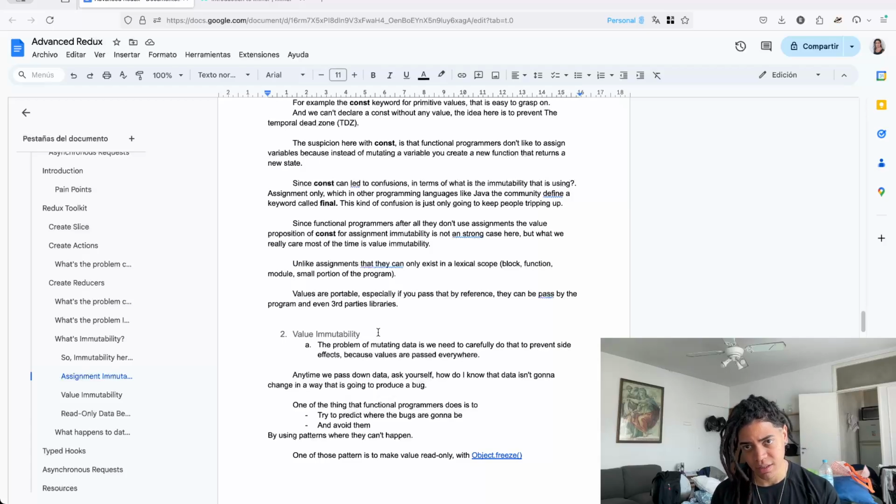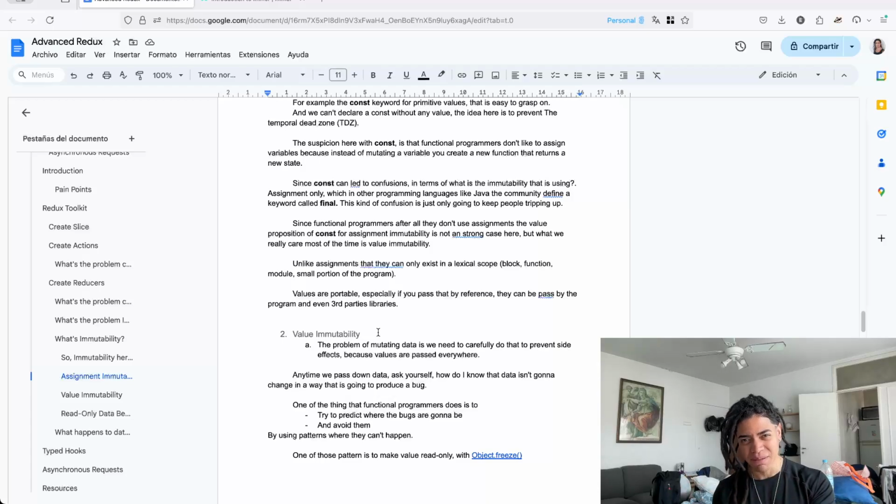One of the things they do is try to predict where the bugs will happen, and avoid them by using patterns where they can never happen.